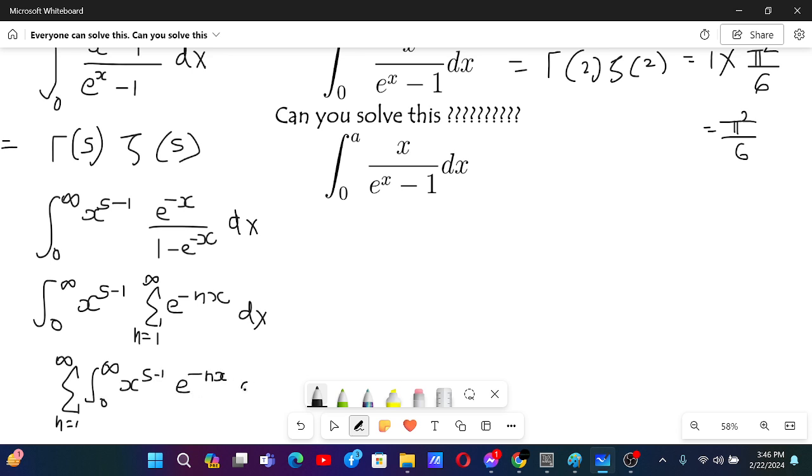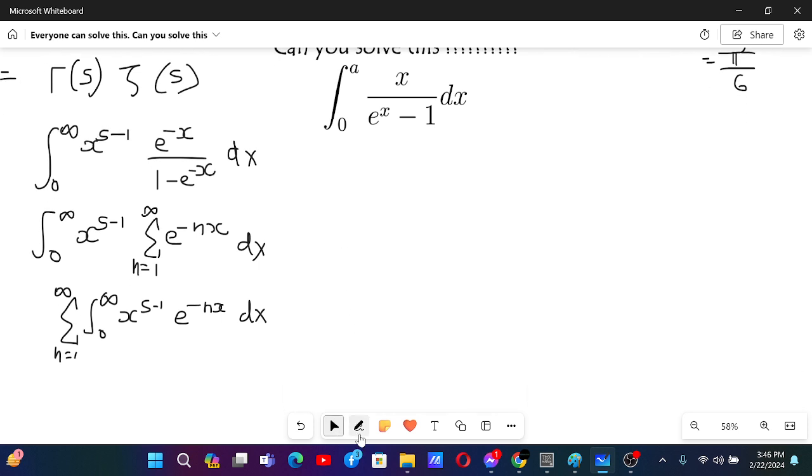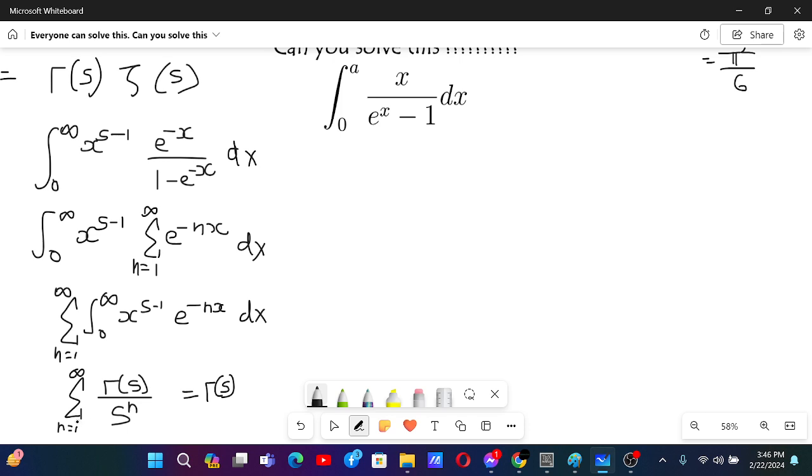Now we can use the Laplace transform formula for x to the power s minus 1, and that gives us gamma of s by n to the power s, I'm sorry, not s to the power n. So this is just gamma of s times Riemann zeta of s. This is the proof if the second limit of integration is infinite.